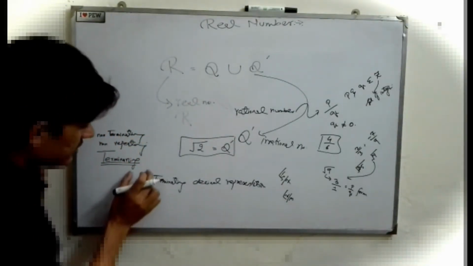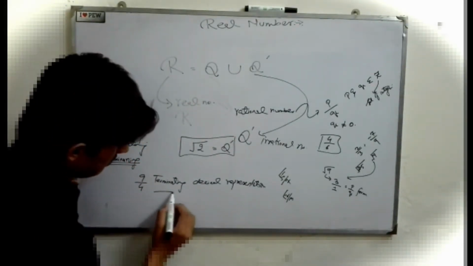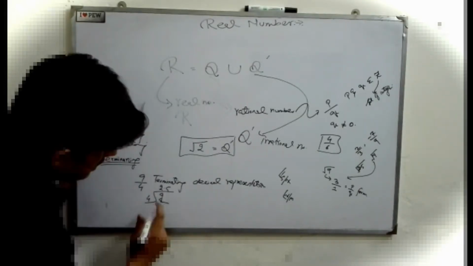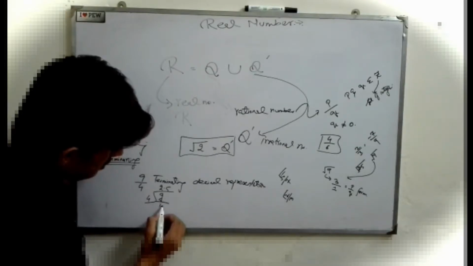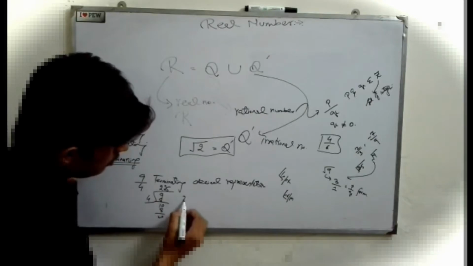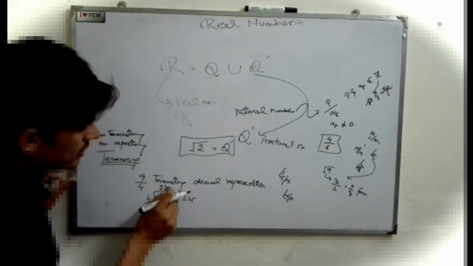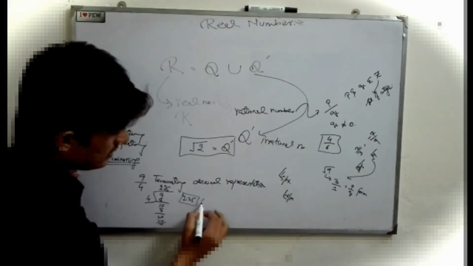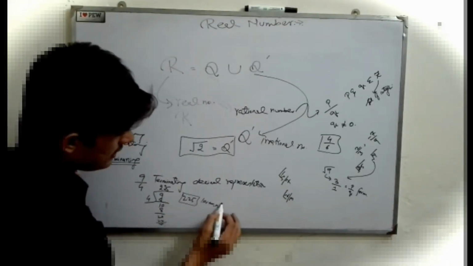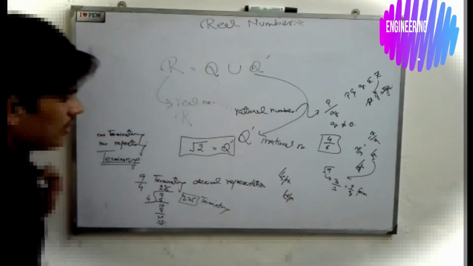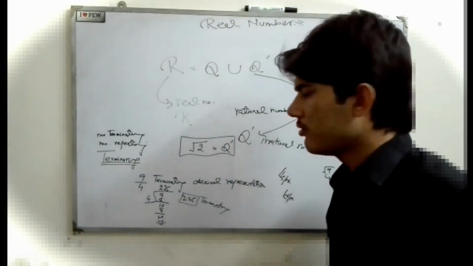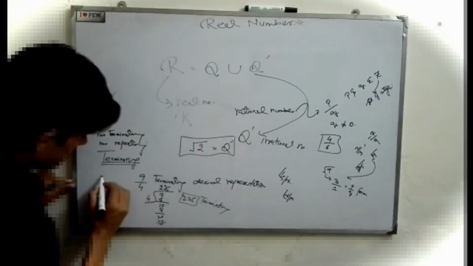How do I say that this number is terminating? Because if I simplify this, 4 2s are 8, 1 remainder, then 0, 4 2s are 8, 2 0, 4 5s are 20, so the answer is 2.25, which terminates after 2 digits. That's why this number is known as terminating. Now another example is 10 by 9.